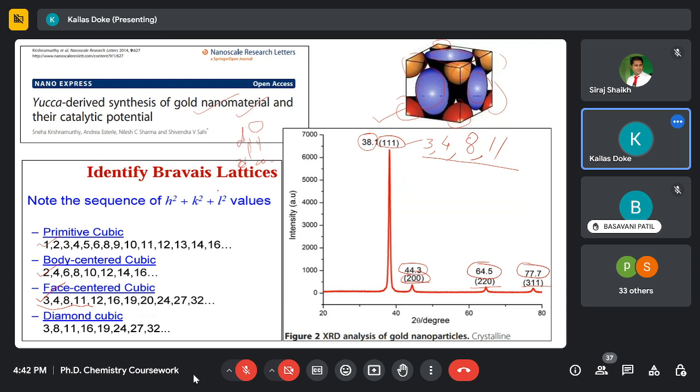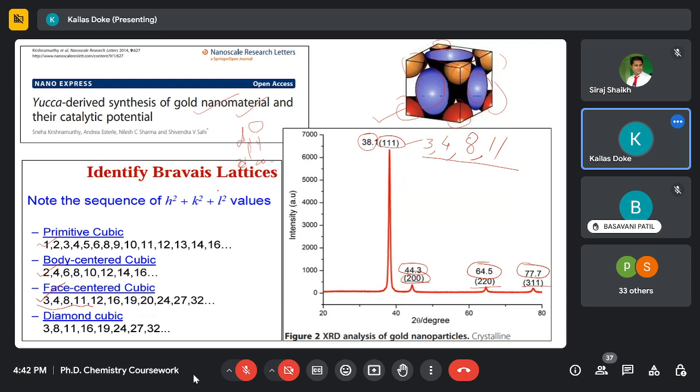But for a simple symmetrical cubical lattice, we can manually index the cubical crystal, and we can determine all the parameters required in the research paper. This is another paper, Springer Link, Journal of Cluster Science, published in August 2021. They synthesized and characterized magnesium oxide nanoparticles.